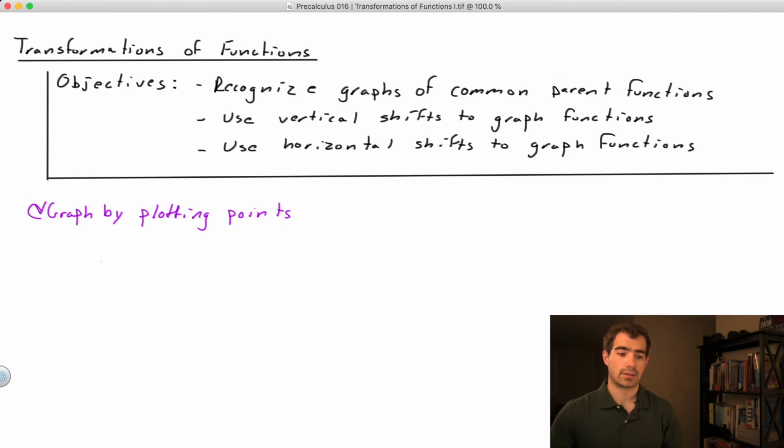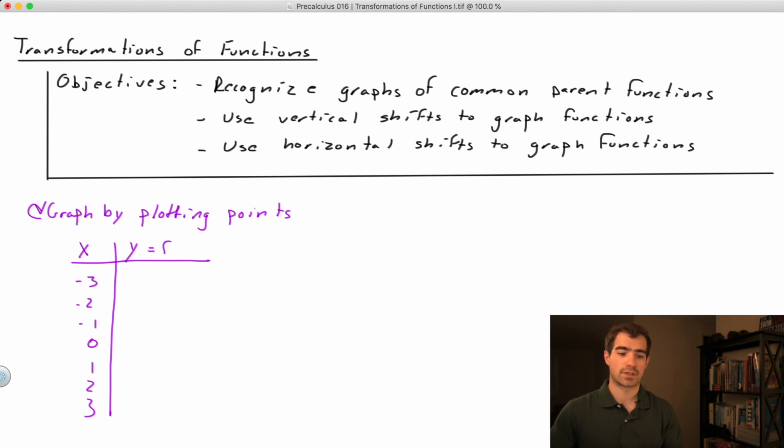One way in which we've discussed how to graph functions so far is to plot their points, right? We could pick some x coordinates and compute some y coordinates, maybe something like -3, -2, -1, 0, 1, 2, 3. And then based on the equation of our function, we will find those given outputs, right?